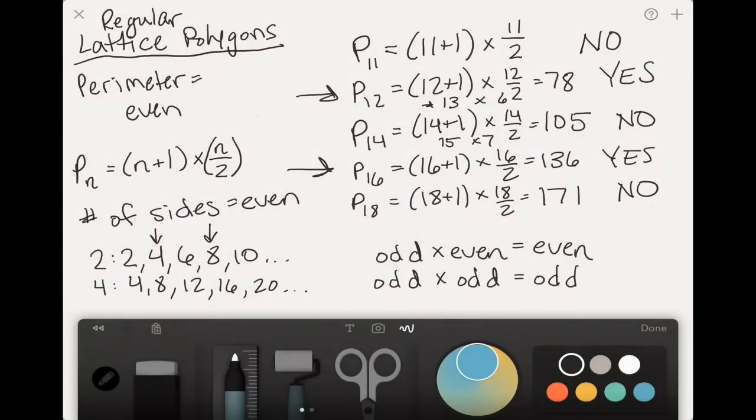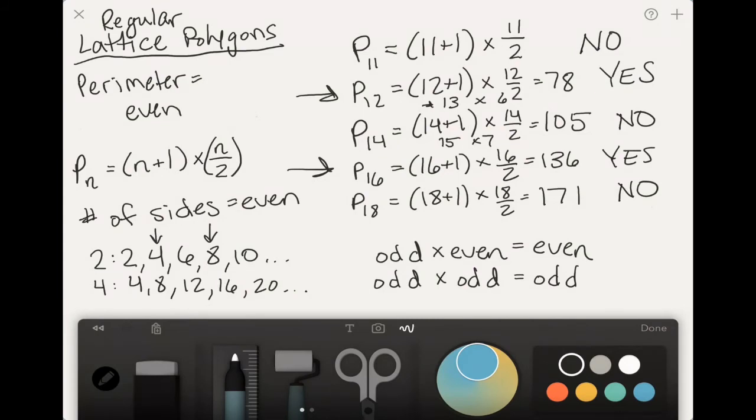Okay, let's see. We know that 8, 12, and 16 all will create regular lattice polygons. And we see that the ones that did not make lattice polygons, 6, 10, 14, and 18, are not multiples of 4.